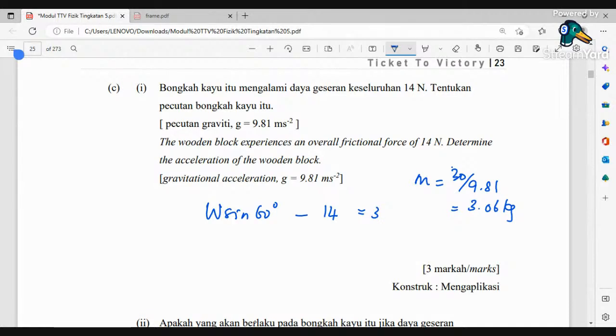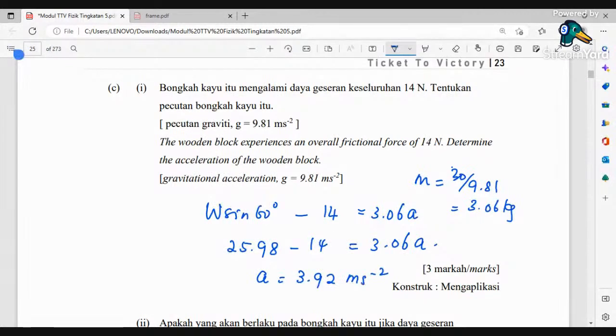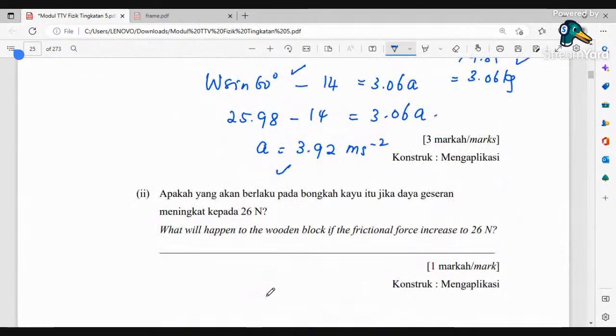So here is 3.06a. W sin 60 tadi dah dapat 25.98 minus 14 equals to 3.06a. Calculate for a, we will get about 3.92 meter per second squared. Okay, so this question is 3 marks because longer step. Sini calculation ni pun ada final answer. Final answer plus unit correct.